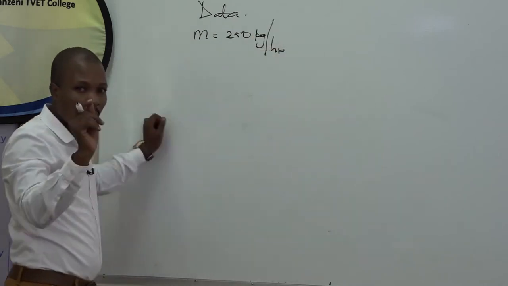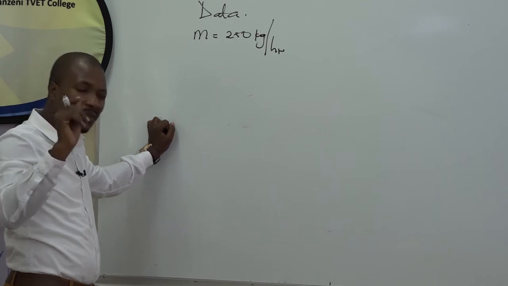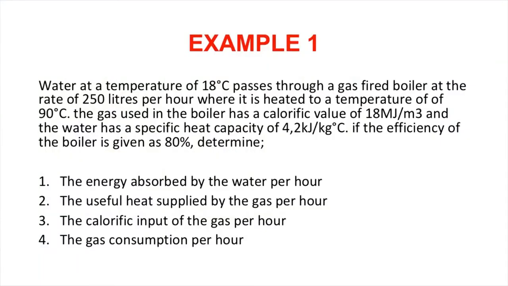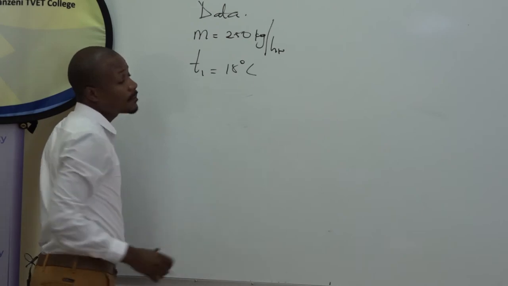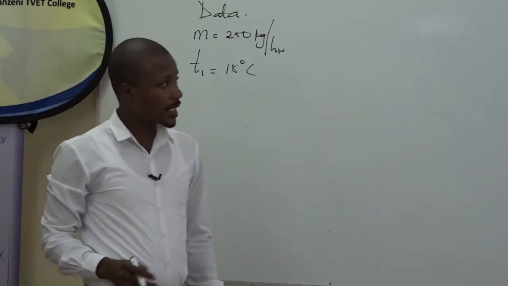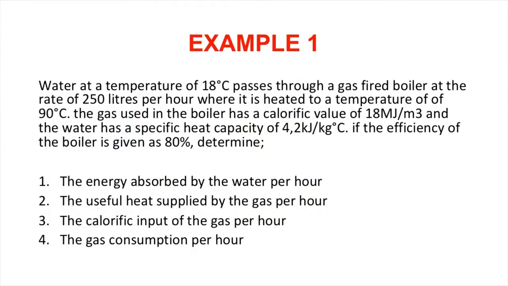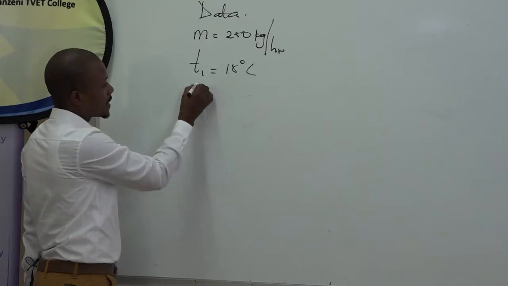In an hour, we have 250 kg of water passing through a gas-fired boiler. The initial temperature of water is given as 18 degrees Celsius. When it passes through that boiler, the water increases its temperature to 90 degrees Celsius.